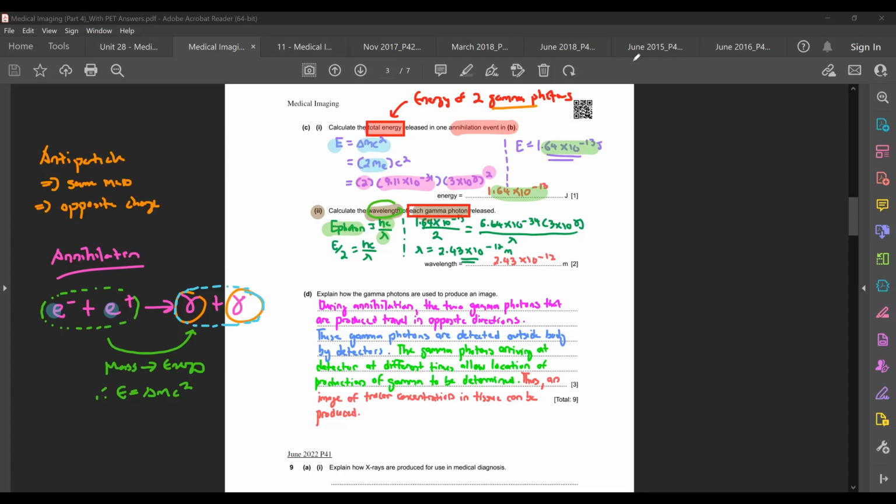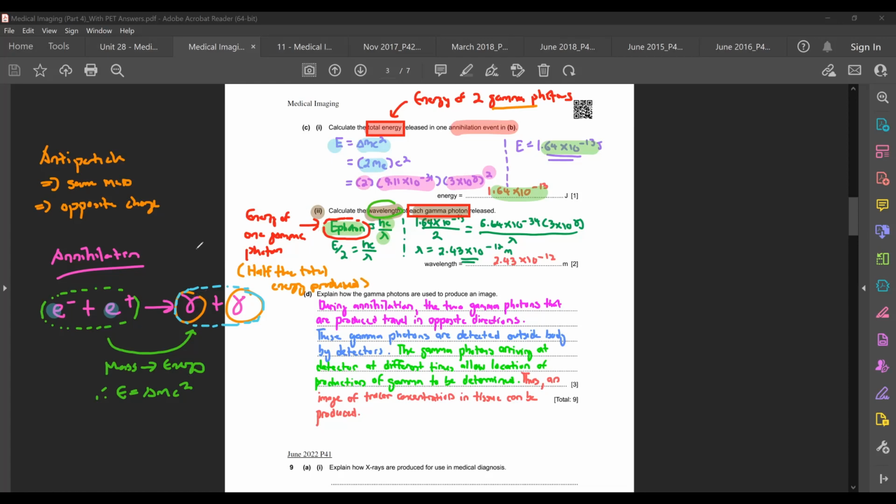One thing to note is that this is the energy of 1 gamma photon, which should be half the total energy that was produced during the annihilation process.